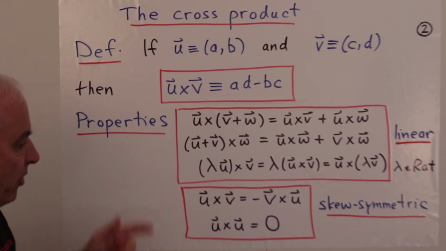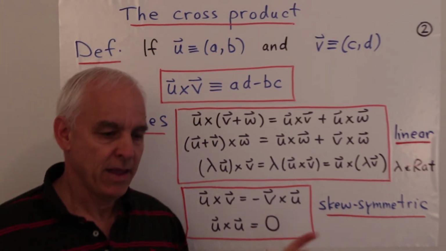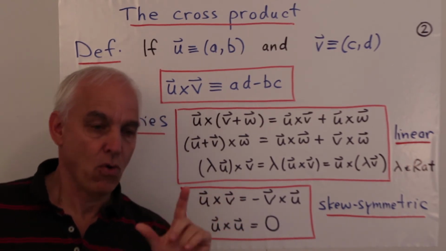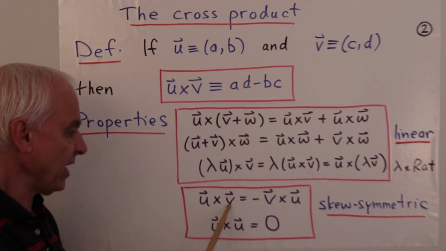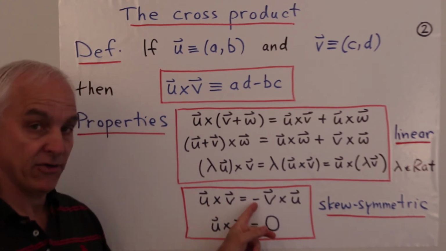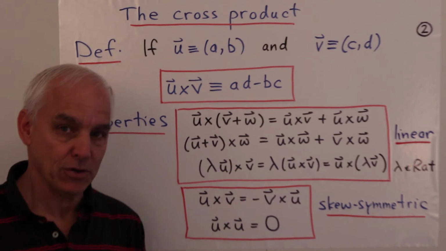Another very important property of the cross product is that it's skew-symmetric. And this tells us what happens when we interchange the order of the two vectors. So u cross v and v cross u, how are they related? The answer is by a minus sign. U cross v is minus v cross u.